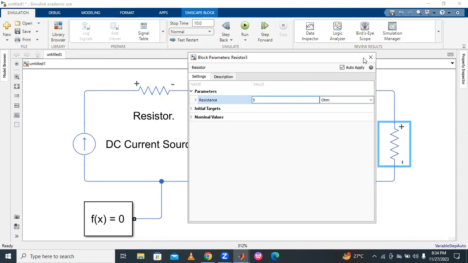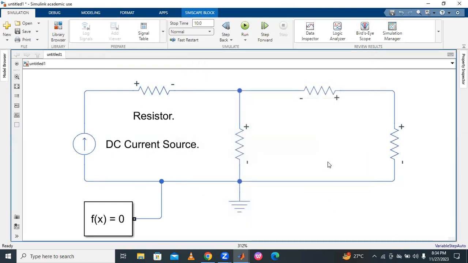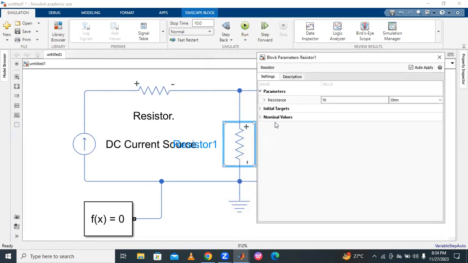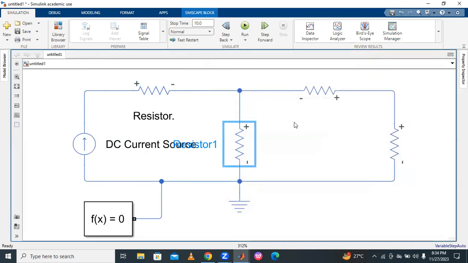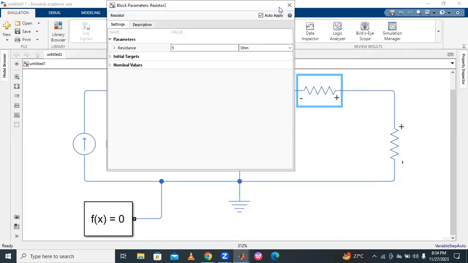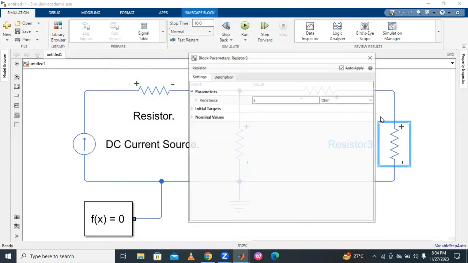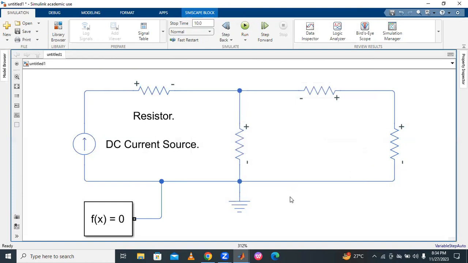Like this, the resistance is changed. Resistor 1 is 10 ohms, resistor 2 is 5 ohms, and resistor 3 is 5 ohms. Like this, this is the circuit.